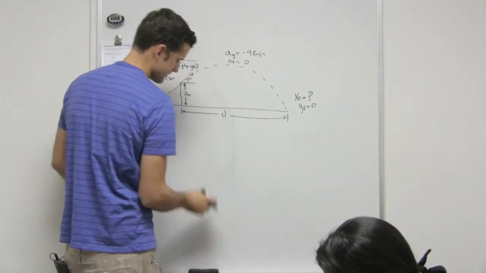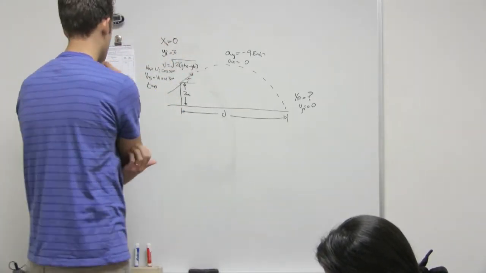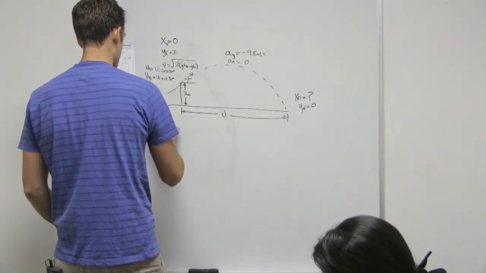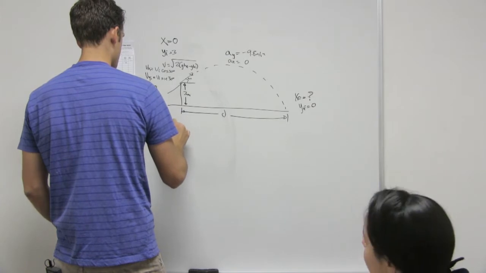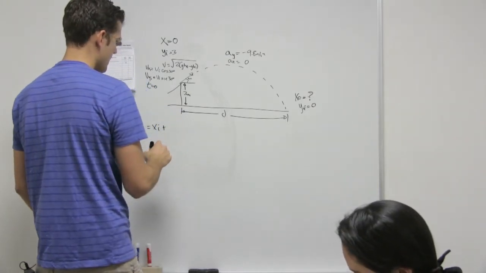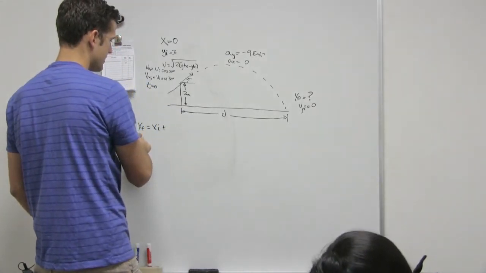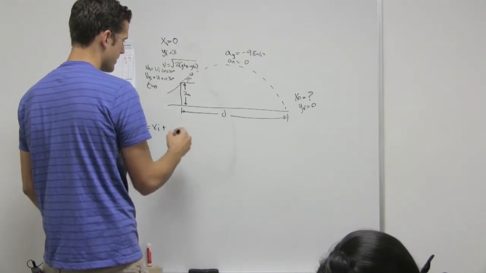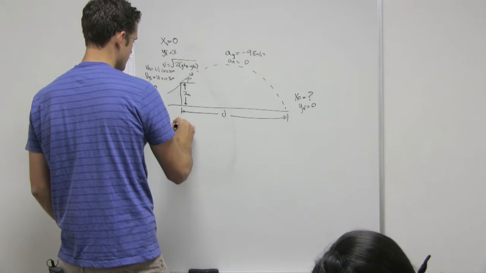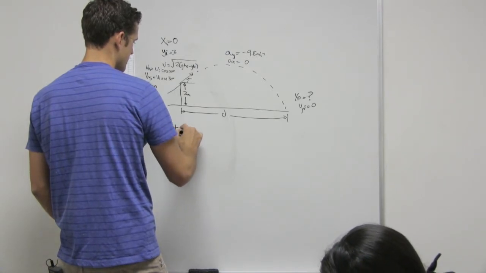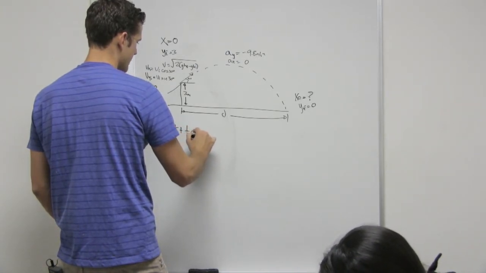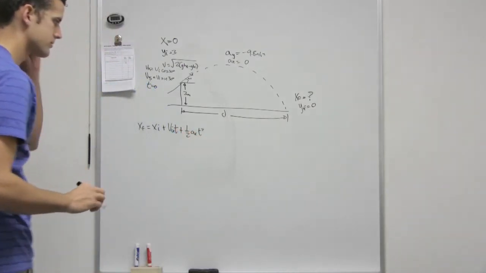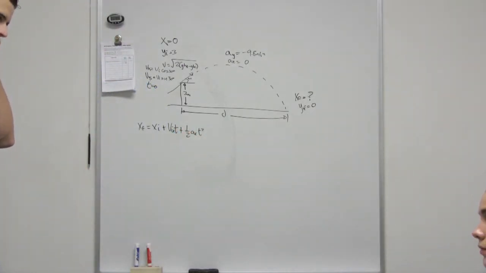Okay, so we could do the equation x final equals x initial, and then there's the part that came from velocity, right? Mhm. So velocity initial times time plus 1/2 a t squared. So we have to take another equation and solve for time.